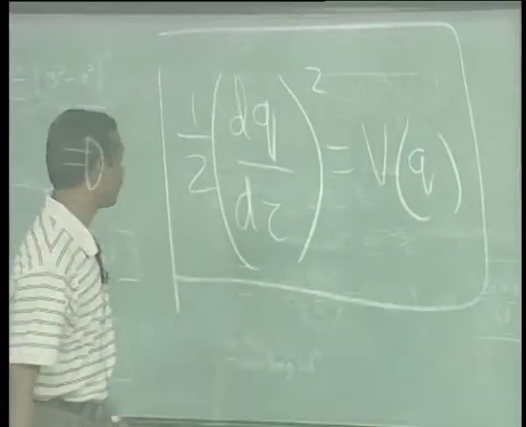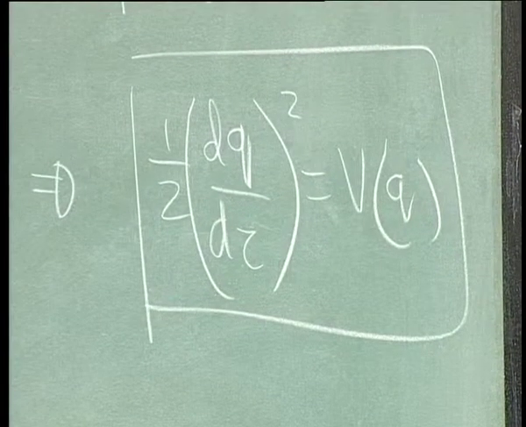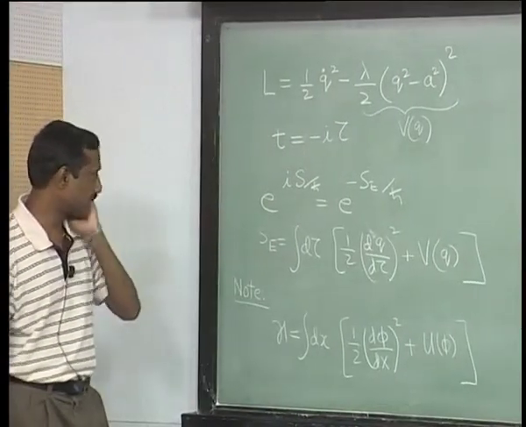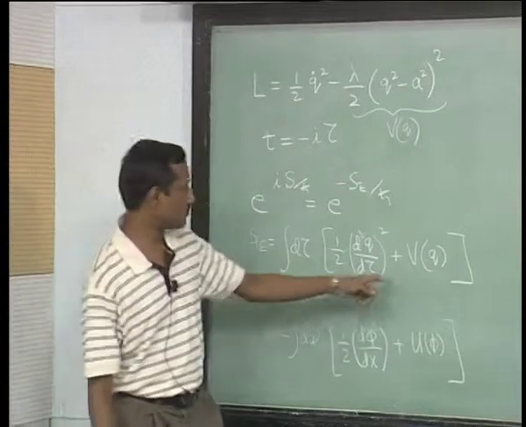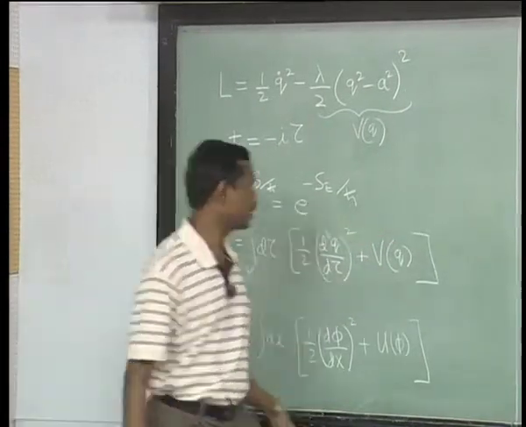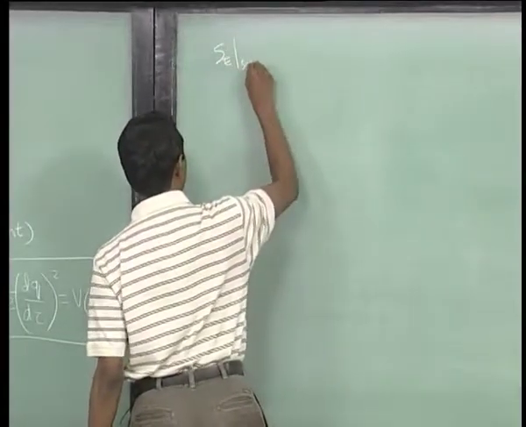Now the point is to evaluate this action on this trajectory, and that is what I will do now. We need to evaluate the action S_E on that saddle point, but you can see that V of q is nothing but half (dq by d tau) squared. So I can plug that back in.